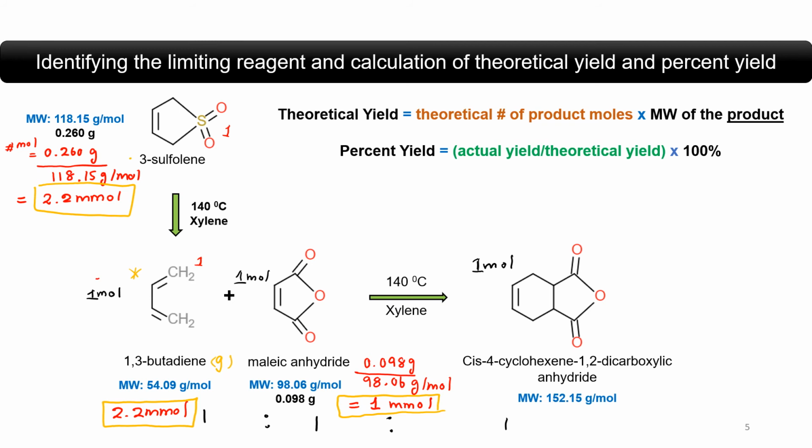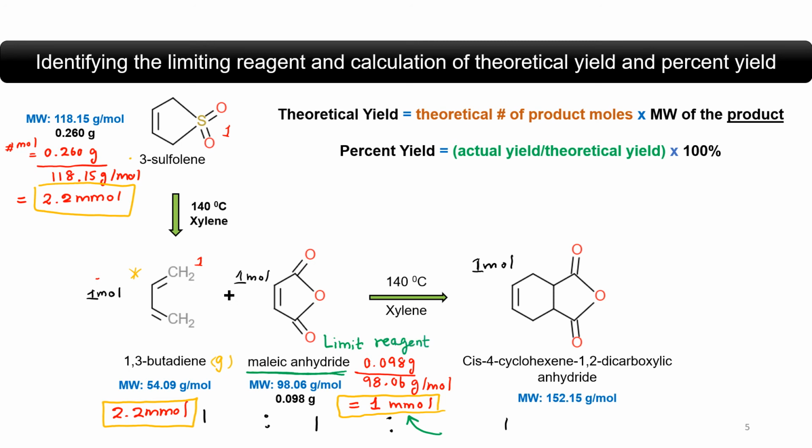And in this case, that's going to be maleic anhydride, because it has only 1 millimole, and even though there's 2.2 millimoles of 1,3-butadiene, only 1 millimole is going to react with the 1 millimole here. So maleic anhydride is the limiting factor in this reaction. So in this example, maleic anhydride was the limiting reagent.